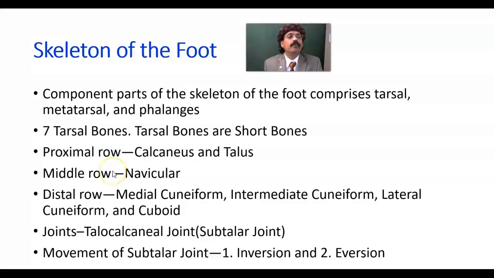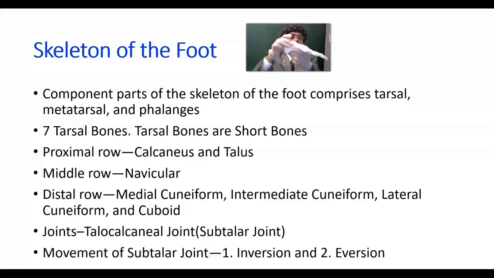Short bones contain spongy bone surrounded by a thin layer of compact bone, and they are cuboidal. They have 6 surfaces and 4 of them are articular surfaces.